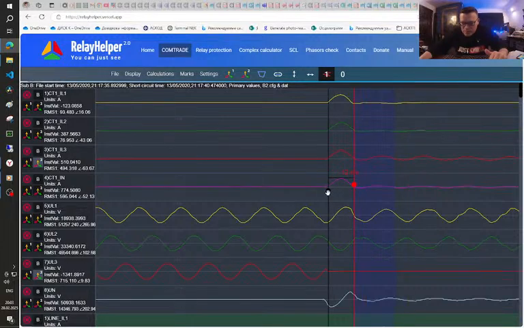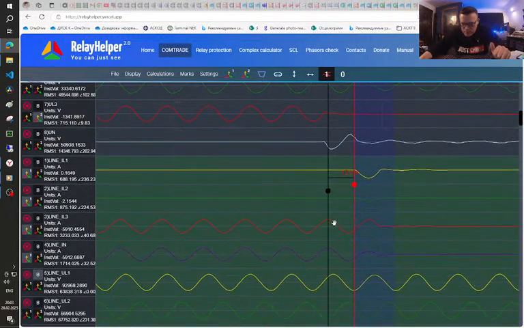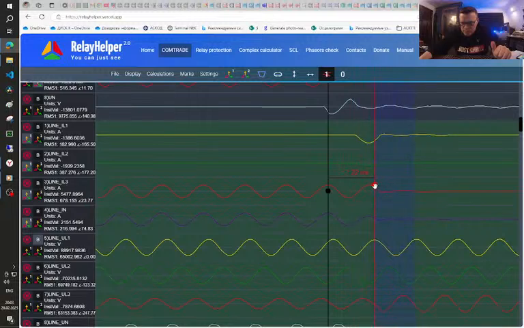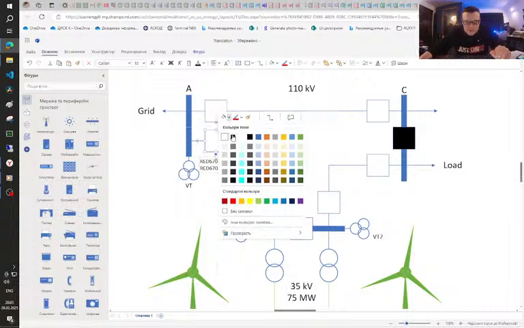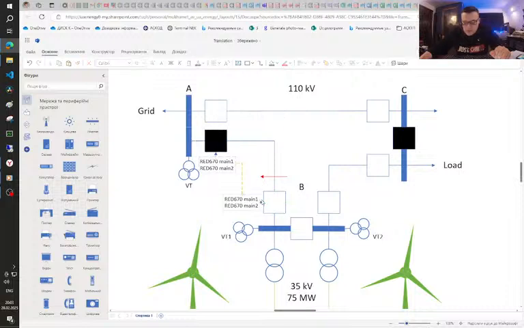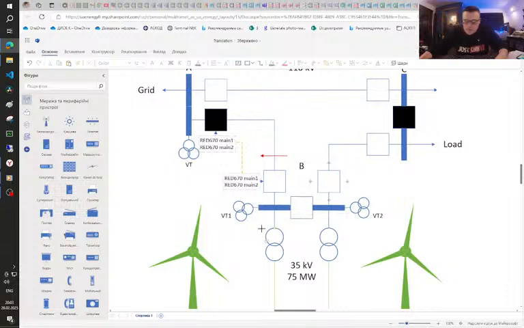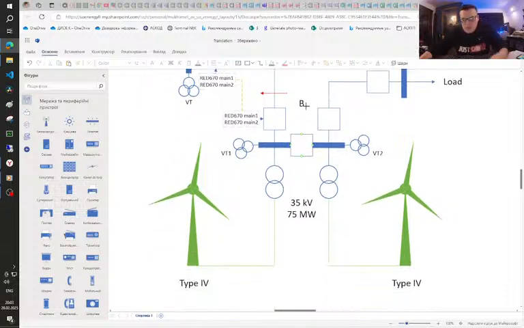But why is it so short? That's because at this moment substation B was tripped by the SOTF function, and we see this picture, like the wind farm is switched onto a short circuit.